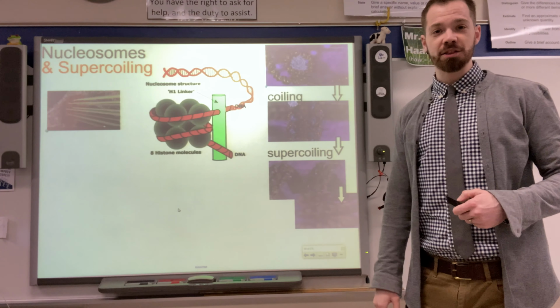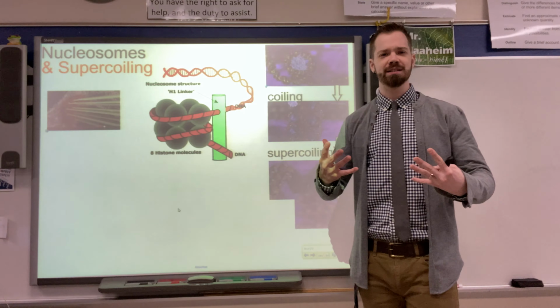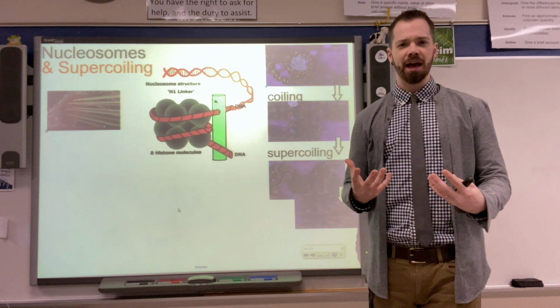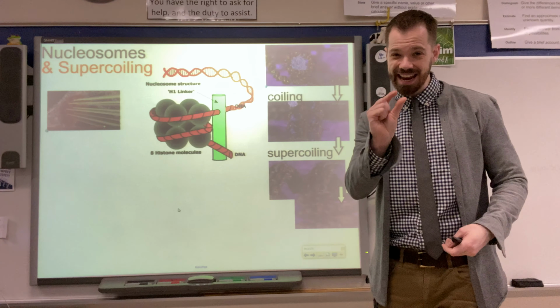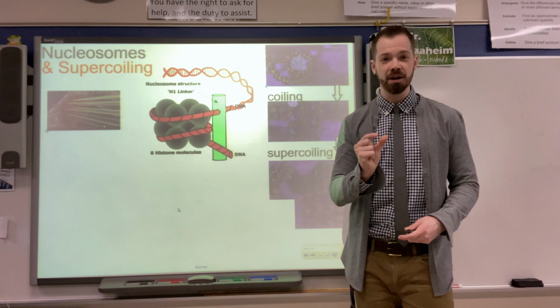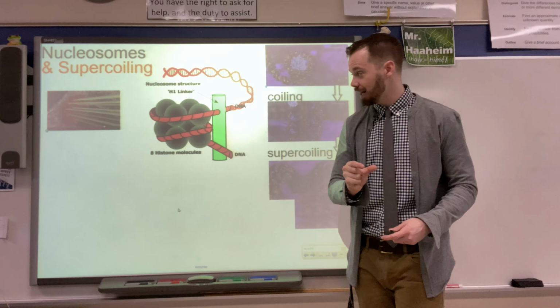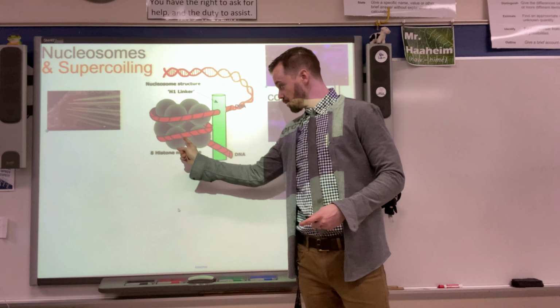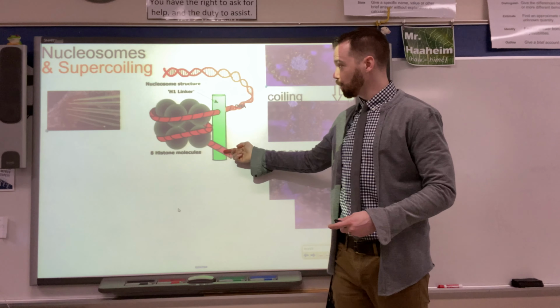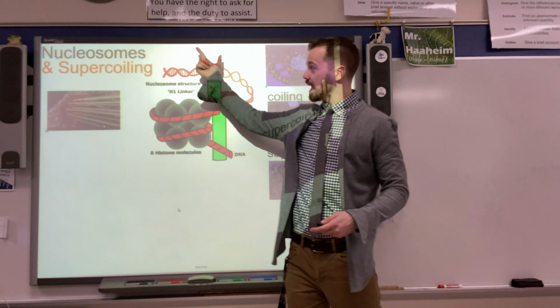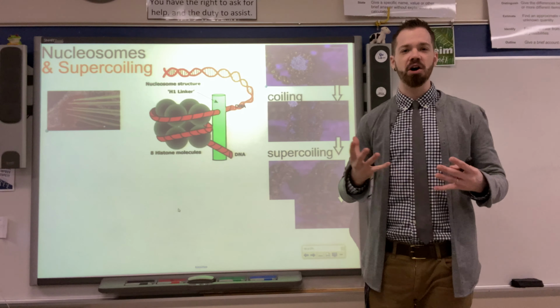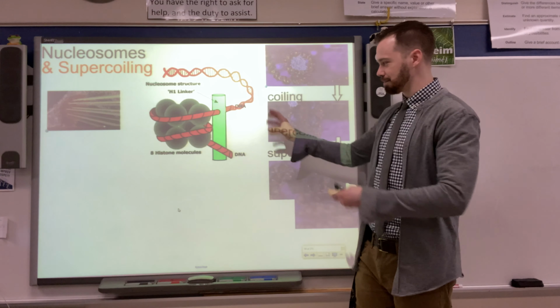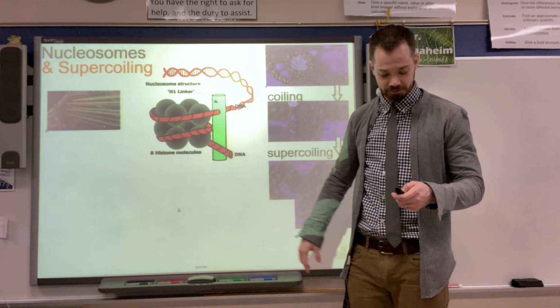Now, we looked at the first thing that happens when you take this DNA and you pack it up, and that is you make this little structure called a nucleosome. That's like the tiniest little structure that you get when you start packing DNA together. That's going to involve 8 histone proteins, 1 H1 linker, and that is a nucleosome. And now you've got a whole bunch of nucleosomes all over. DNA is just packed up into these tiny little ball packets.